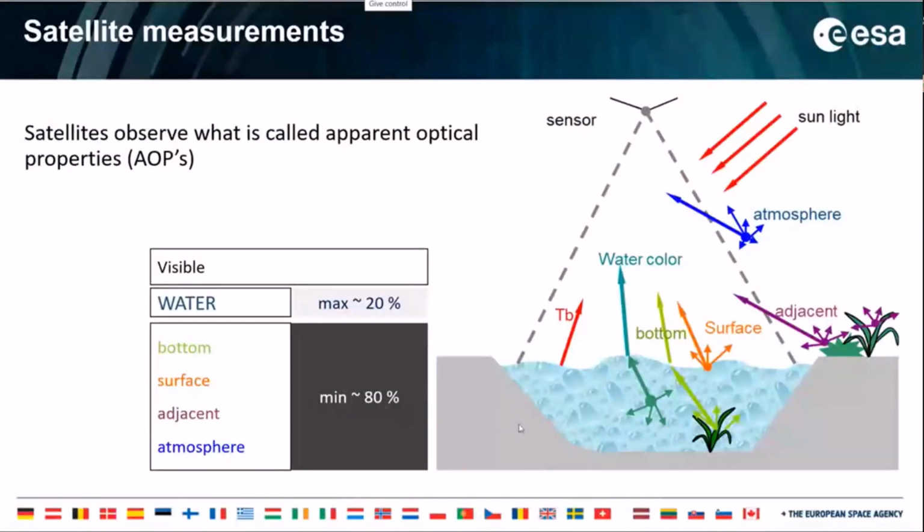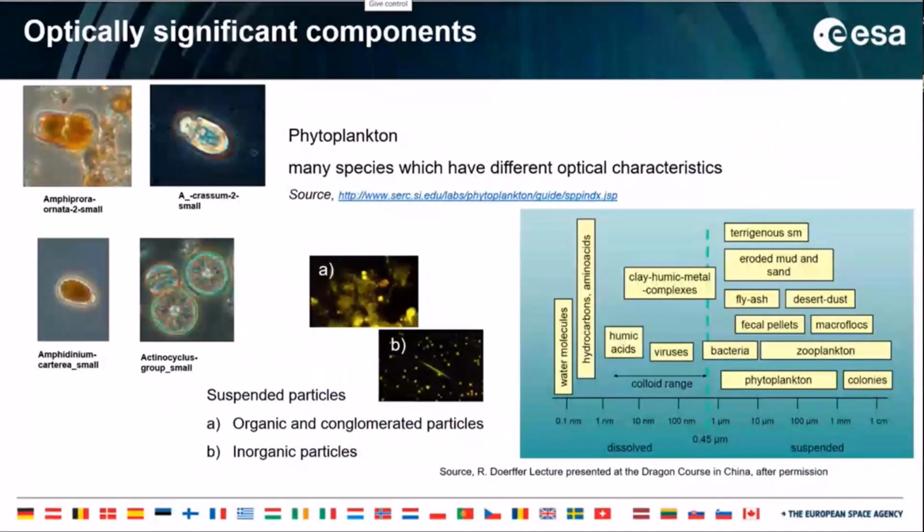The whole concept here is how light is interacting with the water, and this is what we call the optically significant components inside the water. These are components that actually affect the light, the visible light. If you go to this website, for instance, you could see a lot of different species of phytoplankton.